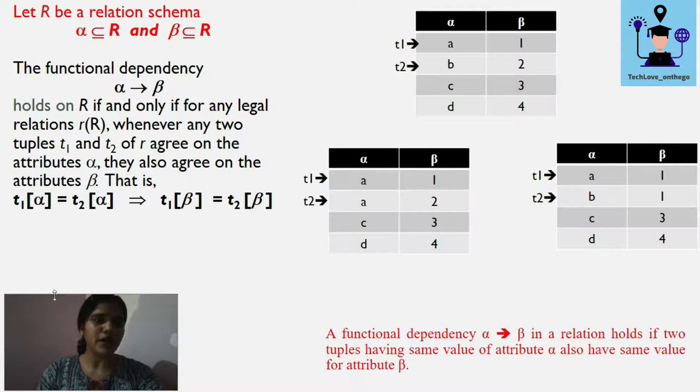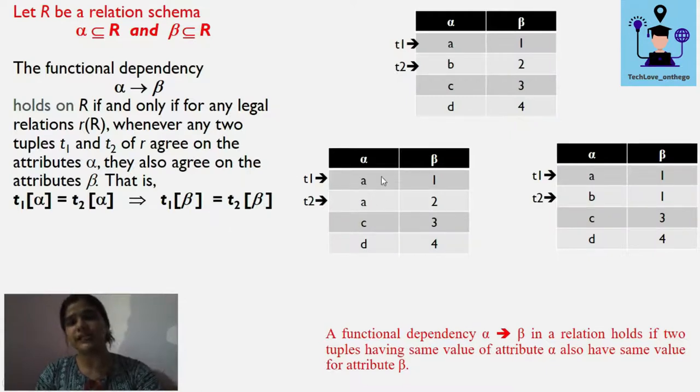If I have two tuples T1 and T2, and the alpha value for T1 is equal to the alpha value for T2, that means the beta value for both the tuples should also be the same.